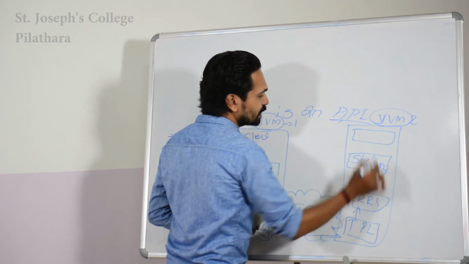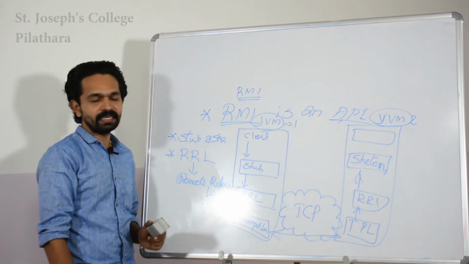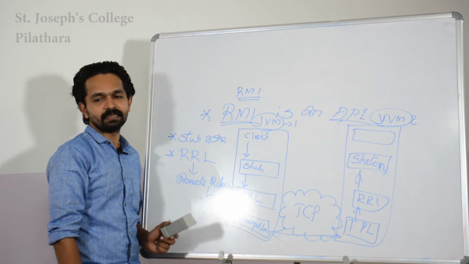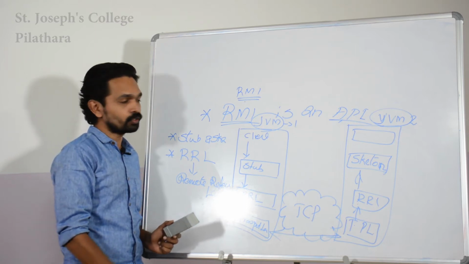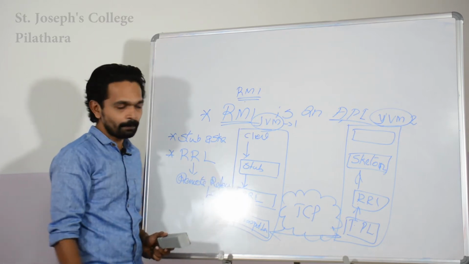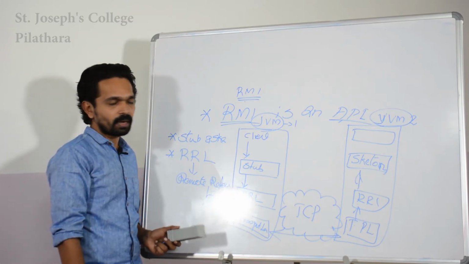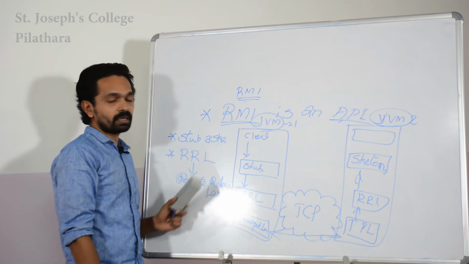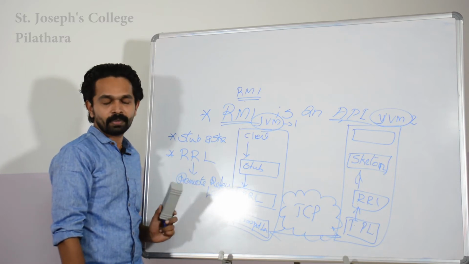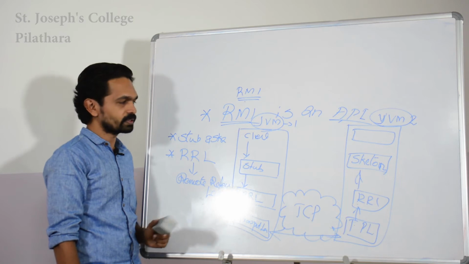Stub and skeleton are a very important part of RMI. For the last three years, the university has continuously asked this question, what do you mean by stub and skeleton, for 3 marks. Also describe the RMI architecture, as an essay question.